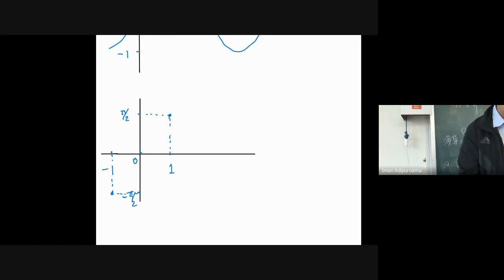Let's say this is 0, and let's just say this scale is 5/2, this is -5/2. So when it is 5/2, the sine is 1, right? So we have a point here, and we also have this point here. So maybe my drawing will be like this.